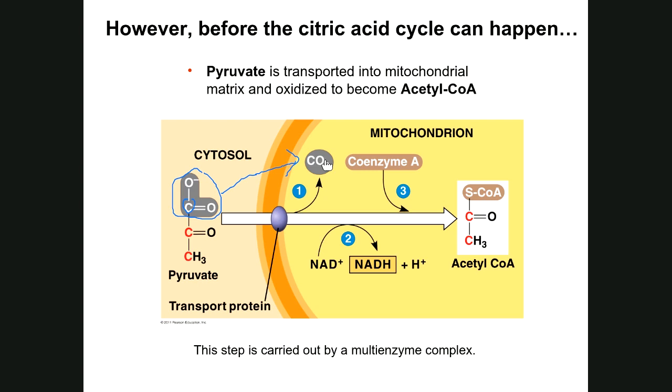Down here, the 2 electrons that are stripped from pyruvate, well, this multi-enzyme complex strips them from this pyruvate and turns around and hands them over to the oxidized electron carrier NAD+. It gains 2 electrons, therefore it is reduced to NADH.